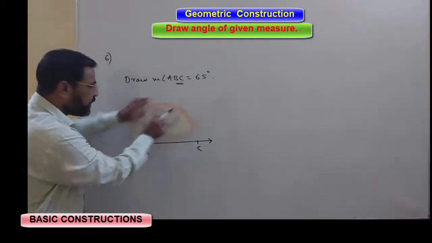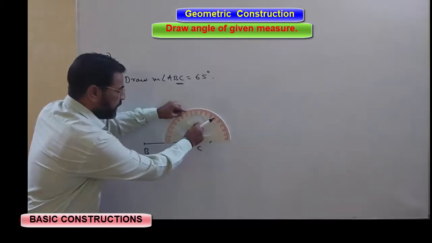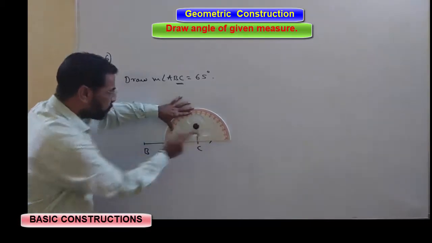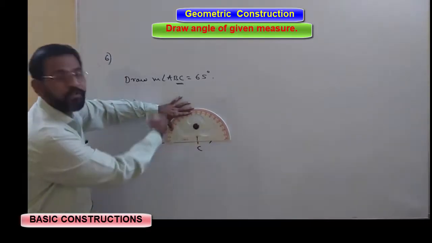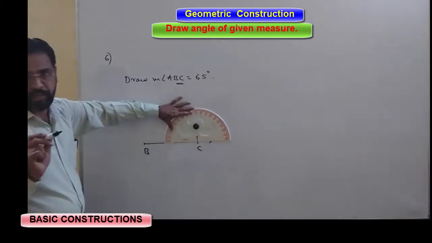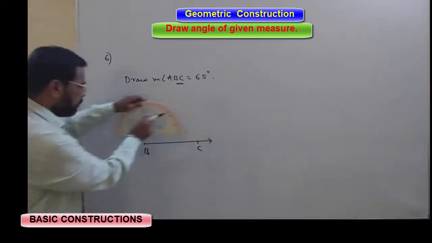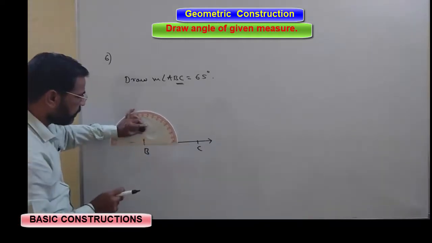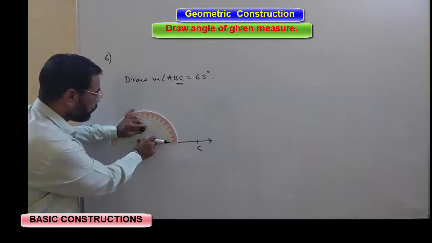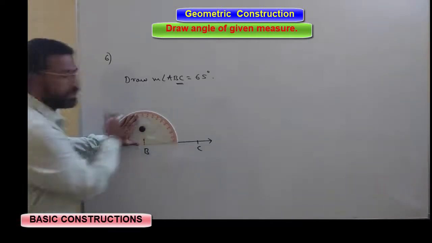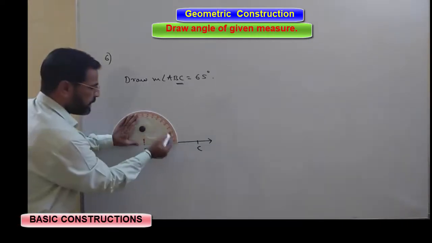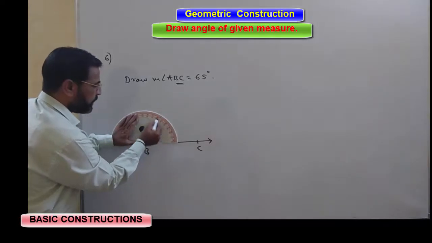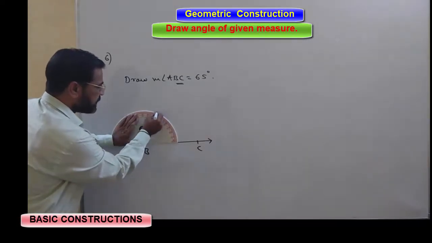Suppose if we put it on C, then the remaining point is to this side. That means we have to measure from this way. This is very important. Okay, now we'll put it on B here. So from the C side we have to measure here. Okay, see 10, 20, 30, 40, 50, 60, and here it is 65.